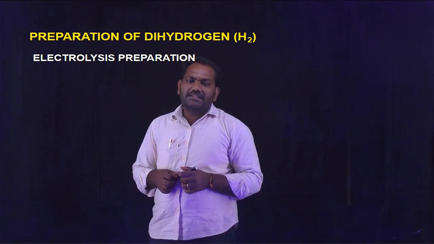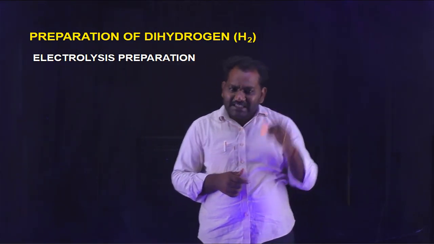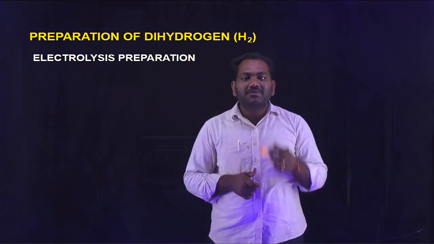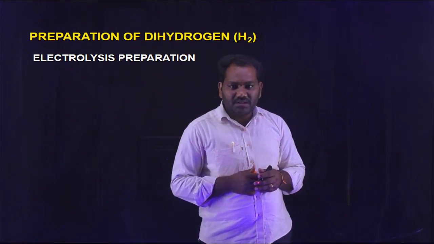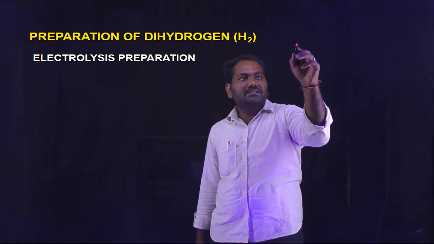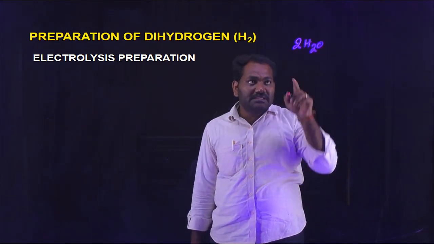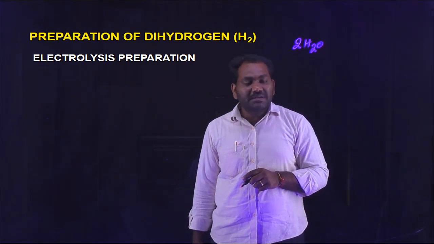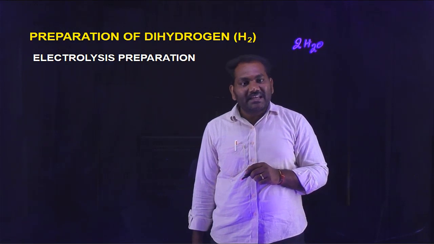The next one is the electrolysis preparation. It is the commercial method, by which dihydrogen is commercially prepared. In this method, electrolysis of water takes place. Lysis means breaking, and electrolysis means breaking of a molecule by using electrical current.